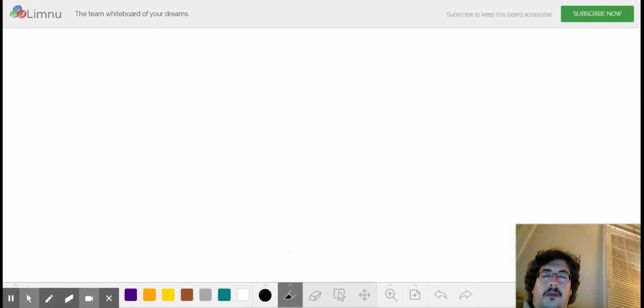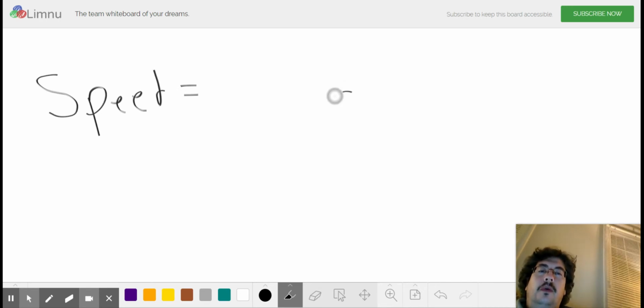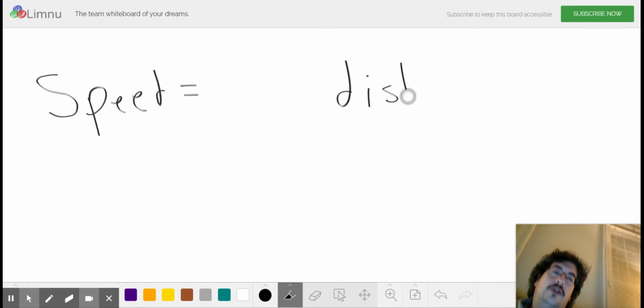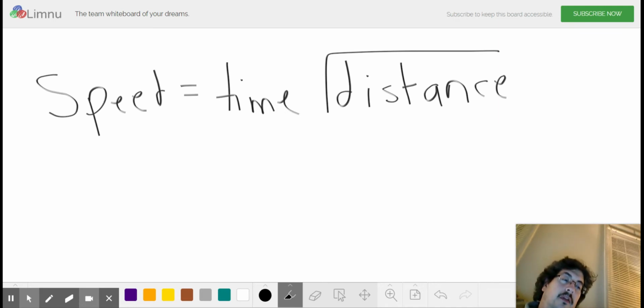Now, recall that speed is equal to distance traveled divided by the time it took to travel that distance.